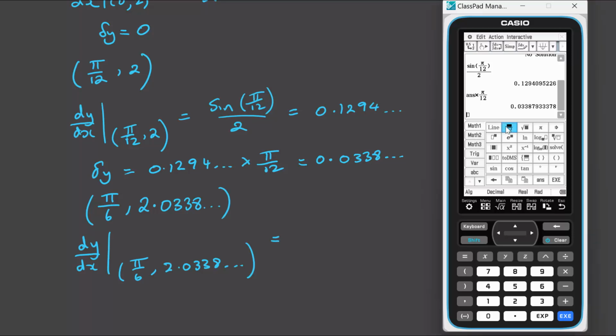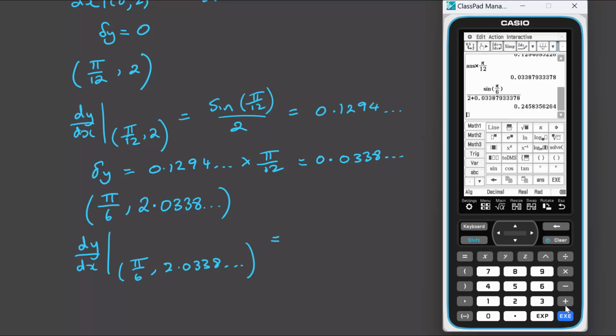So we're going to have sine of pi by 6 divided by 2 plus that, and execute.